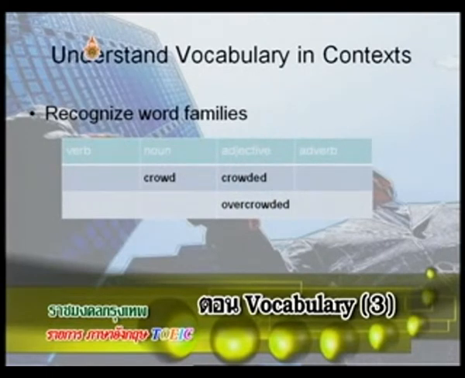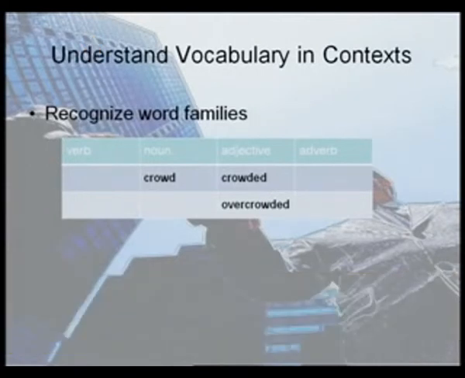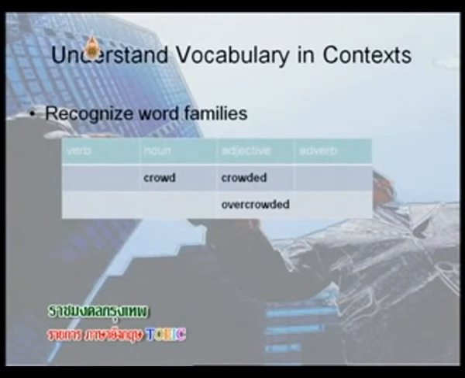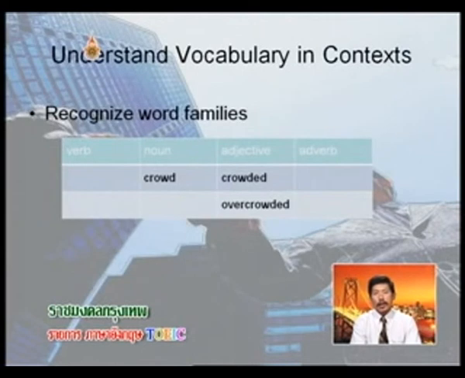In other words, you can use the technique of recognizing word family. You know that the word crowded and overcrowded come from the same family or they share the same root word, the word crowd, and ed is a past participle form of the verb crowd, and crowd is also functioning as a noun.